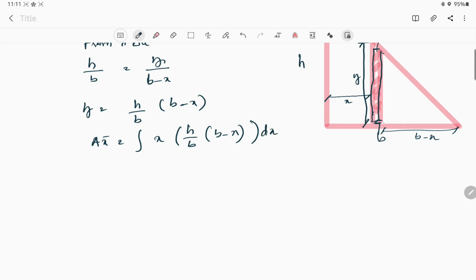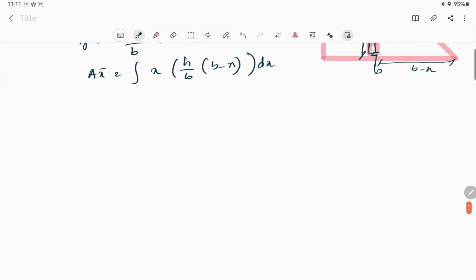into dx. Once you solve this, taking all the separate multiplications, A x bar is equal to integral x, I'll take it outside, so bh by b minus hx by b into dx.